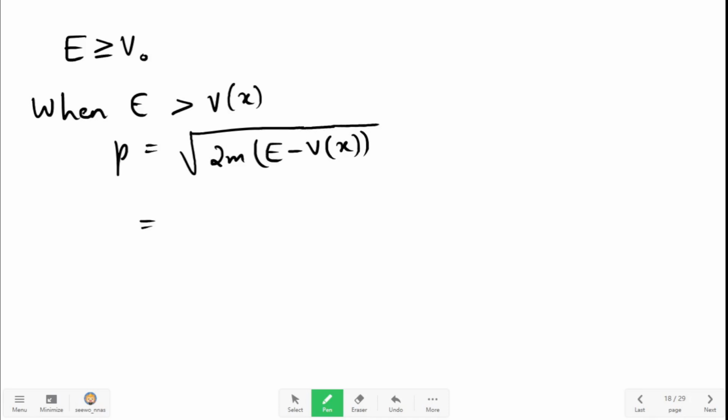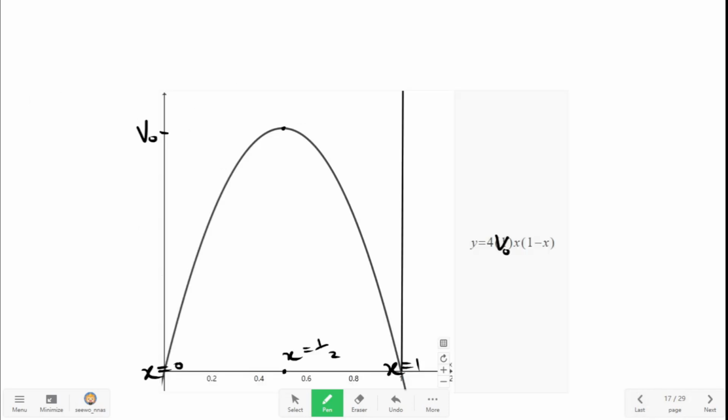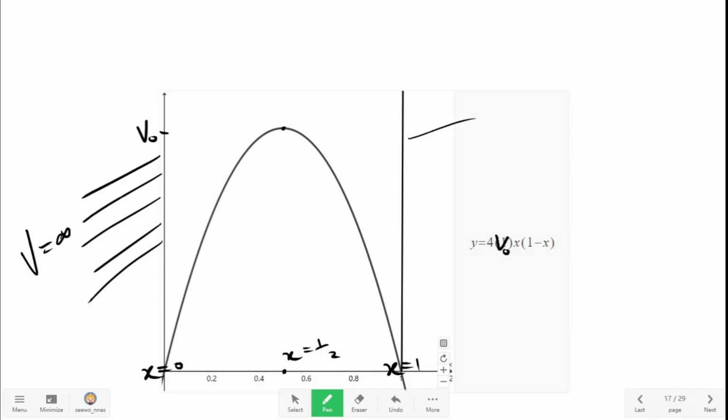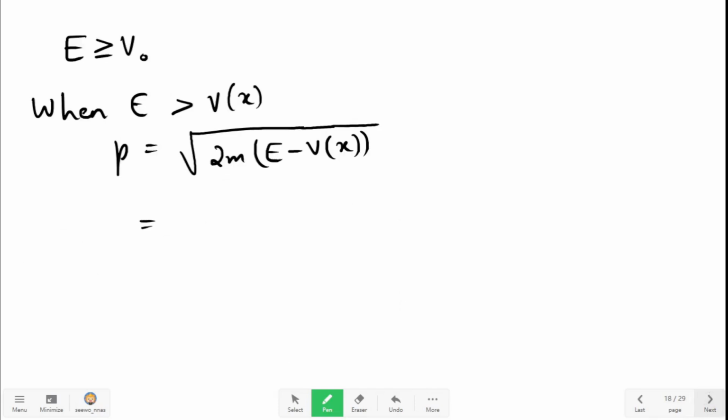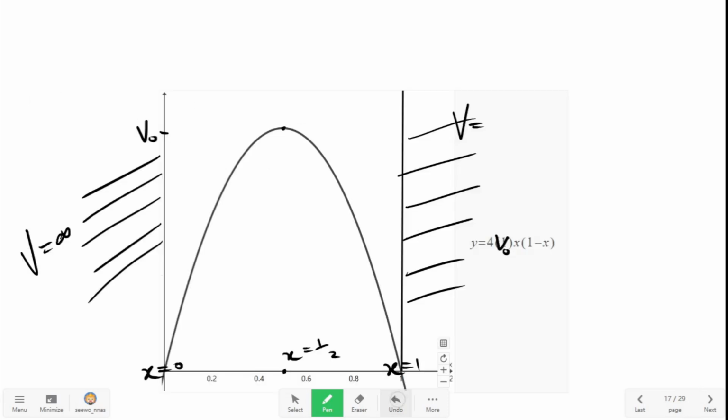One thing I forgot to mention: when x is not between x = 0 and x = 1, we have V equal to infinity. So here and here we have V equal to infinity. So this is an infinite potential well. So P is equal to the root of 2m times (E − V(x)).